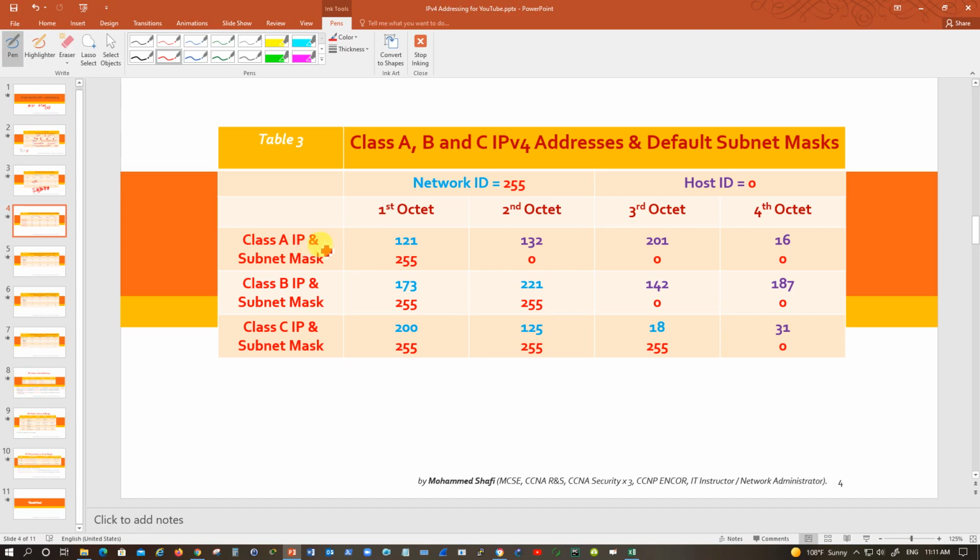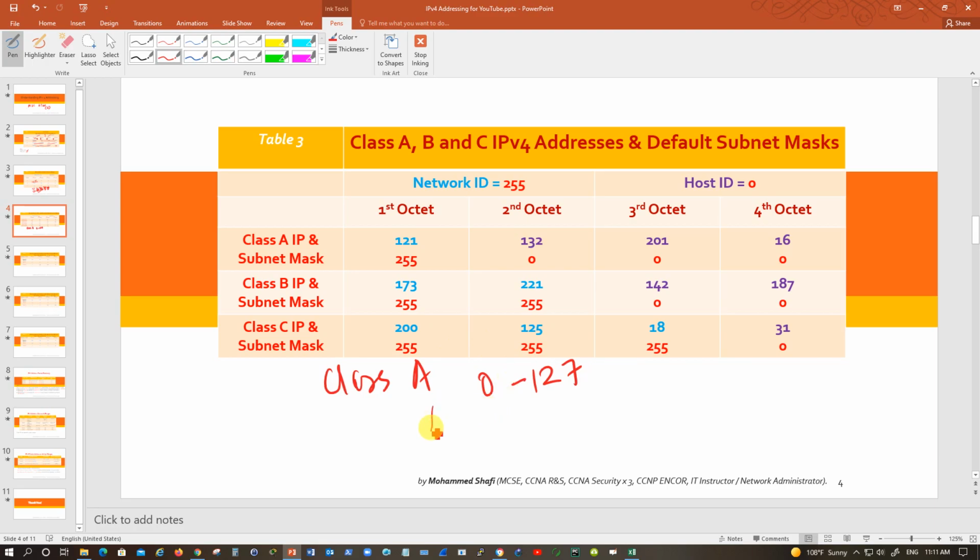If this is a class A address, I'll give you the range later on, or I will try to mention it then. Class A usually has a range from 0 to 127, where 0 and 127 are reserved, you cannot use them.